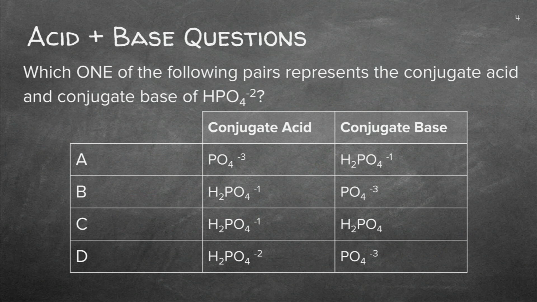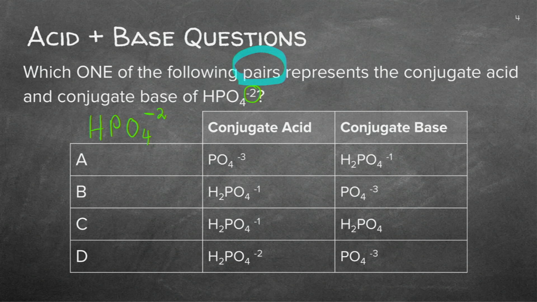Which one of the following pairs represents the conjugate acid and the conjugate base? So they're giving me the substance HPO4, and have a look at that, it's got a 2 minus charge. Now, which one of these will be the conjugate acid?